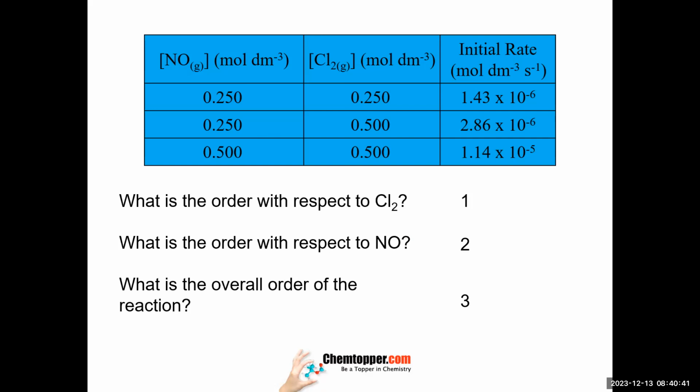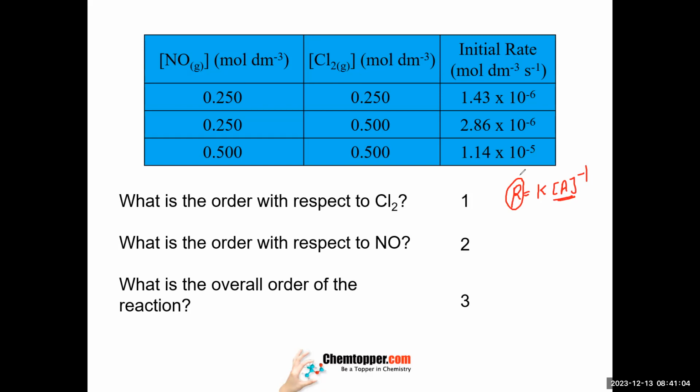Okay, she's saying that if the order in the rate law is negative, what does it mean? Let's say rate equals K times concentration of A raised to power -1. The meaning is when the concentration of A is doubled, rate will become half.